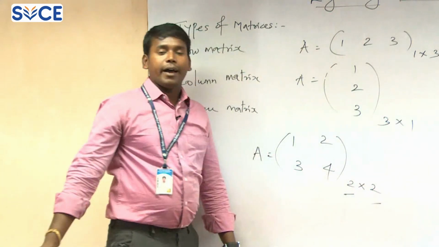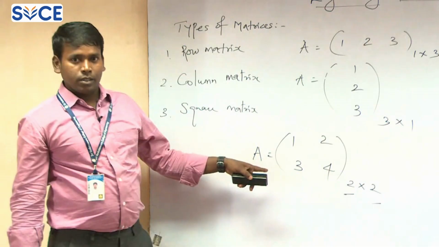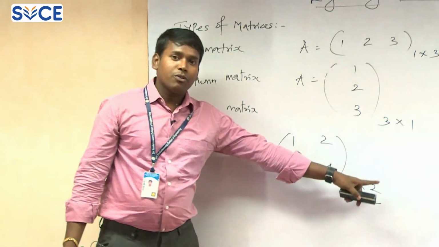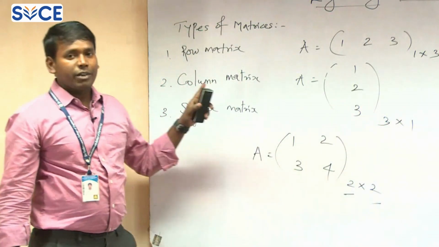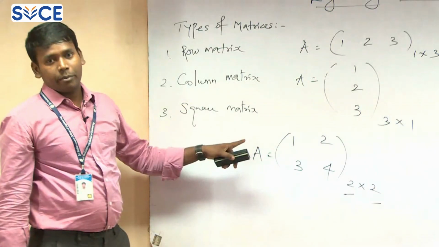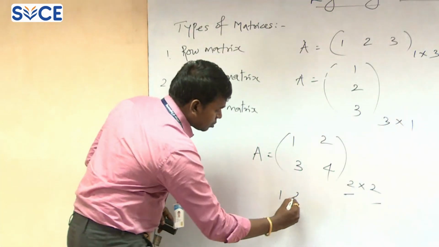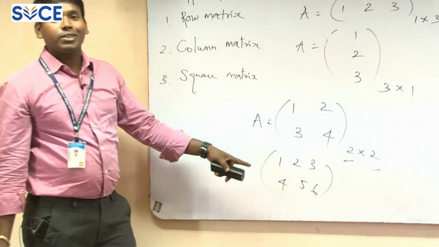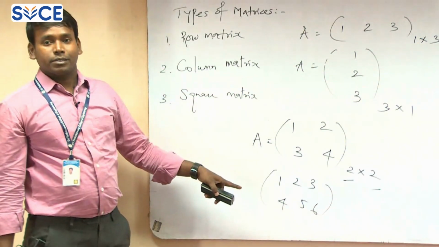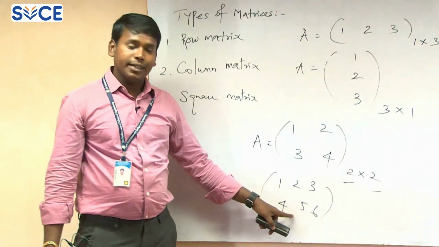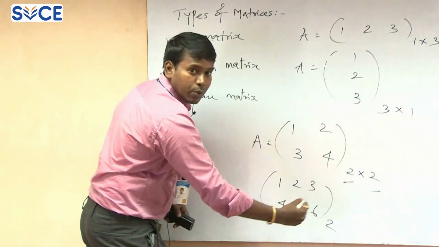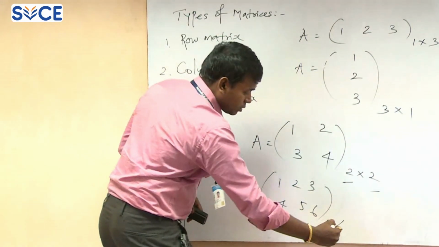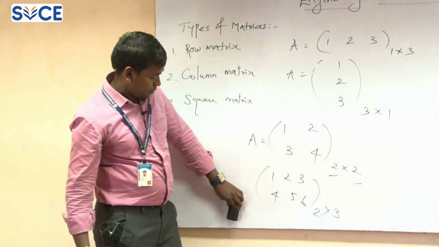Here m and n are equal. Number of rows and number of columns must be equal; only then is the given matrix said to be a square matrix. Suppose 1, 2, 3, 4, 5, 6. It's a matrix, but it's not a square matrix because the order of the matrix is 2 rows and 3 columns.